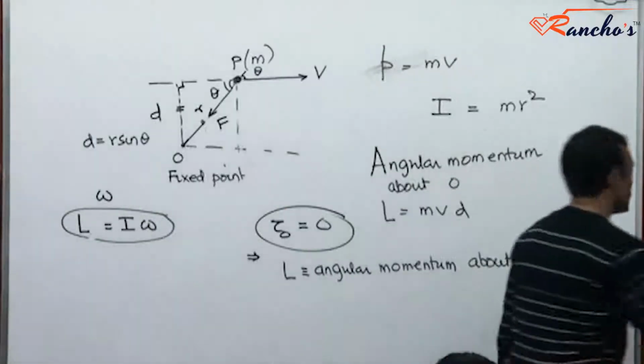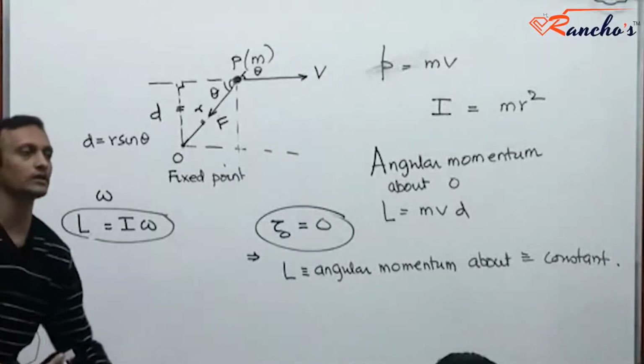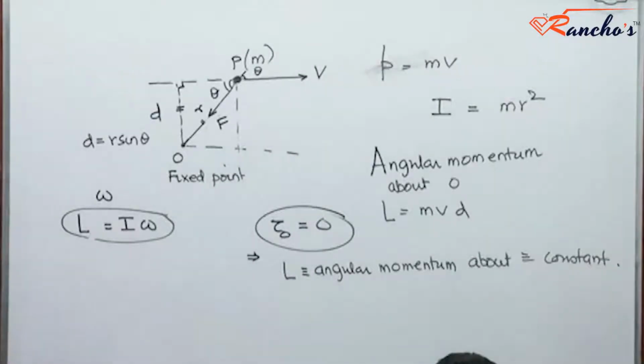So now, with this background in place, we'll quickly look at the downright basics of elliptic motion of particles or bodies around a fixed gravitating mass.